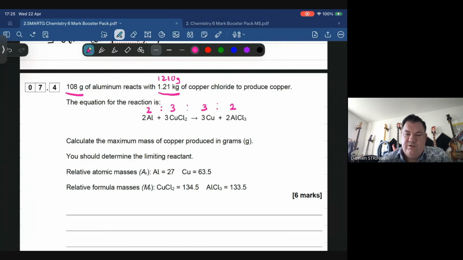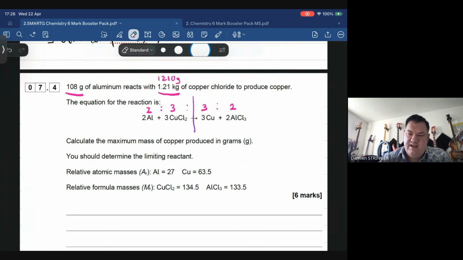Now, you know that just from looking at the reactant side. So if we split that, you need more copper chloride than you need aluminium, don't you? You need 3 divided by 2 times as much. So you always just use the numbers in the ratios to help you.